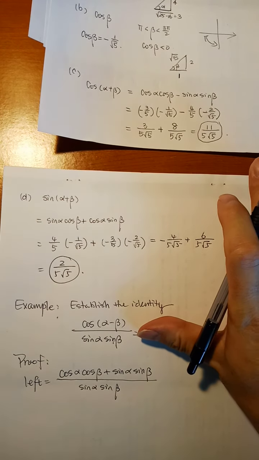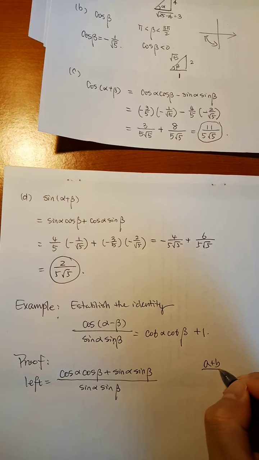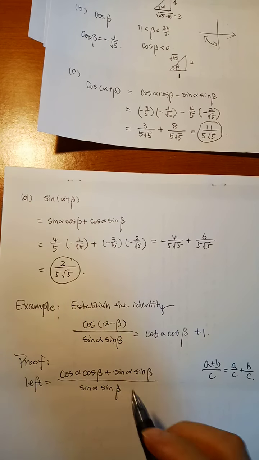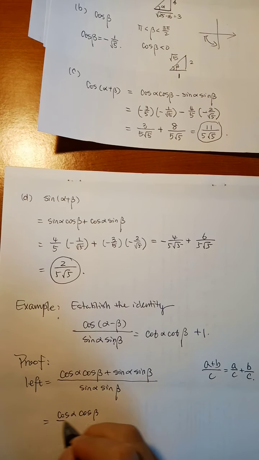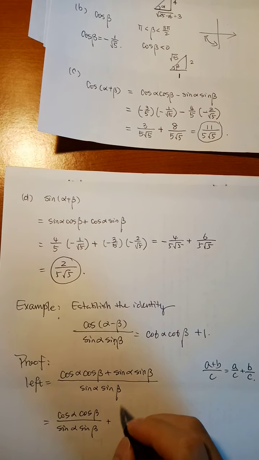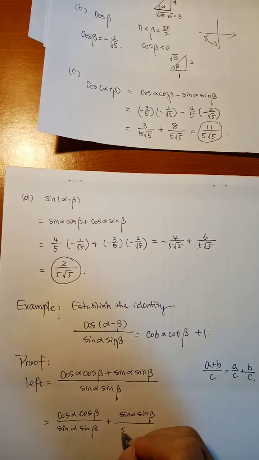Ignore the right hand side so far. And then a plus b over c is of course a over c plus b over c. So you get cosine alpha cosine beta over sine alpha sine beta, plus sine alpha sine beta over sine alpha sine beta.